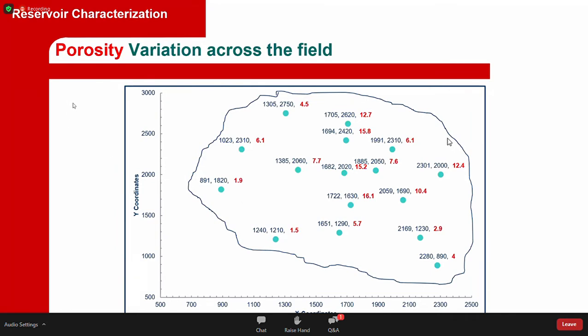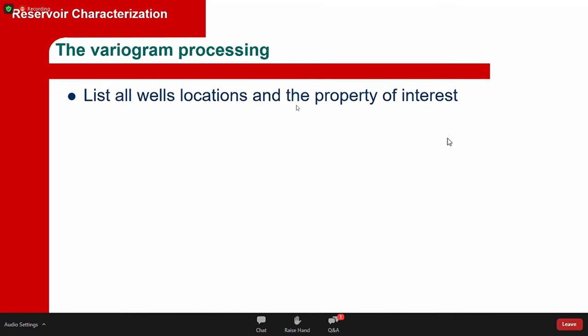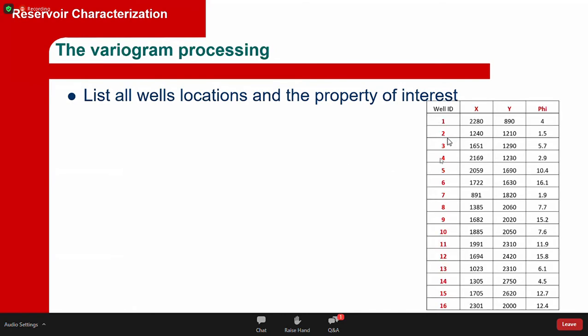So the first step is to list all wells' locations and the property of interest. For example, I have well 1, 2, 3 up to 16. Every well has an X and Y. So this is the X for well 1 and Y for well 1, X for well 2 and Y for well 2. And I'm interested in porosity. So this is the porosity of well 1, 2, 3, and so on.